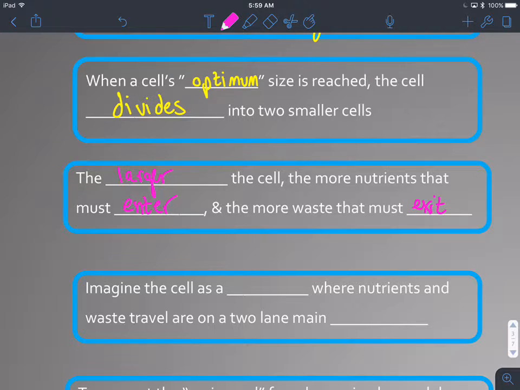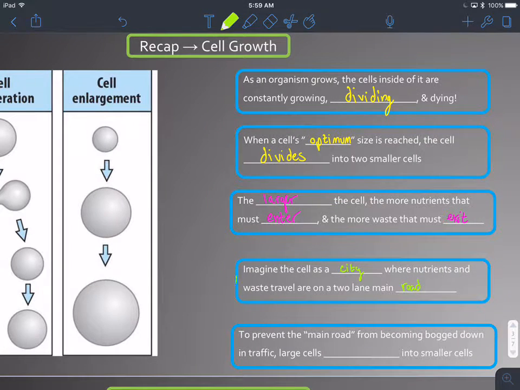And we use this example, right? If we think of a cell as a city where nutrients and waste travel on a two-lane main road, and remember, the larger the city, the more traffic.